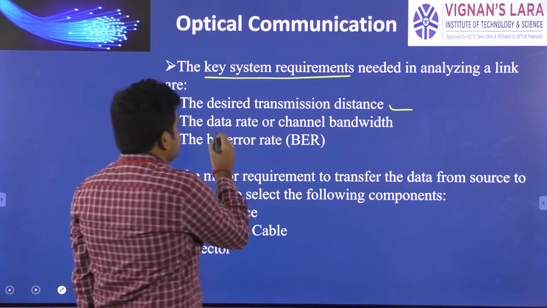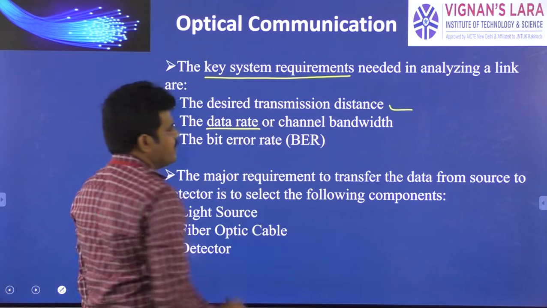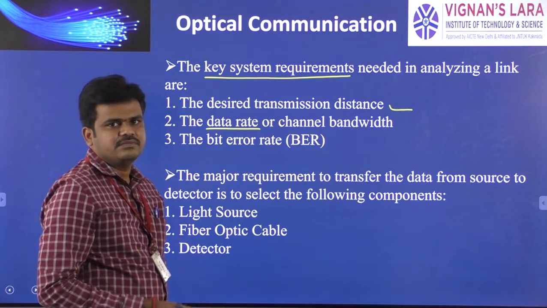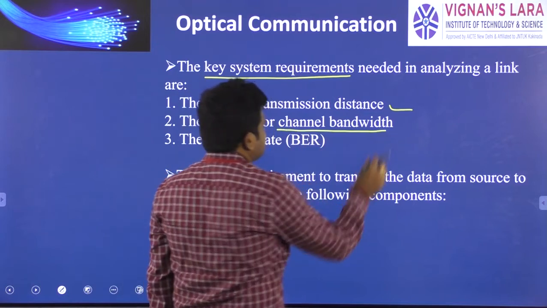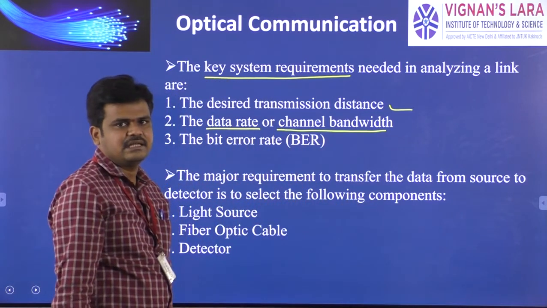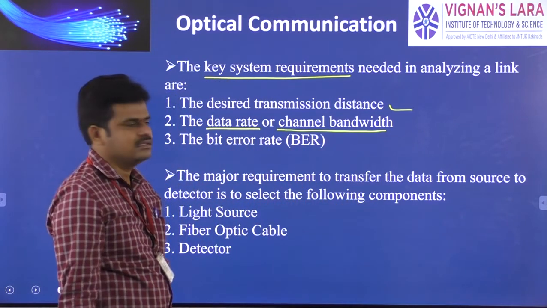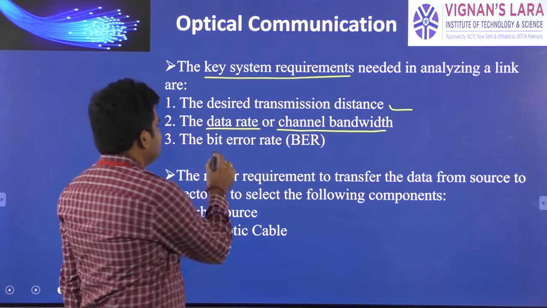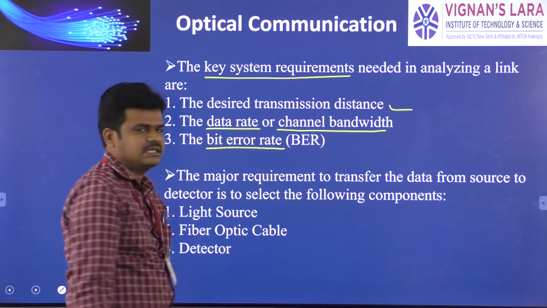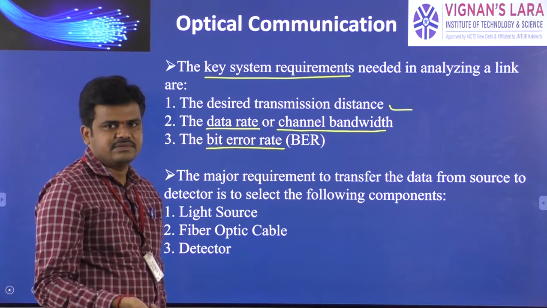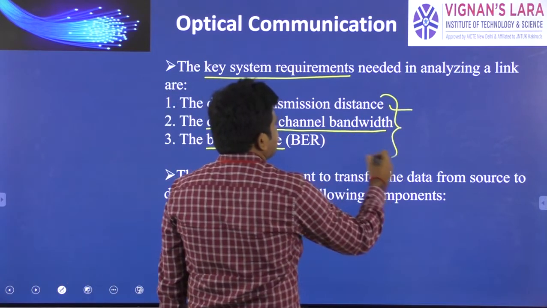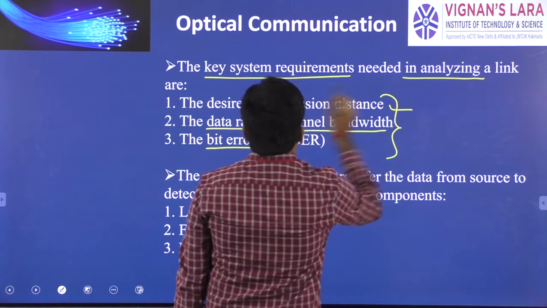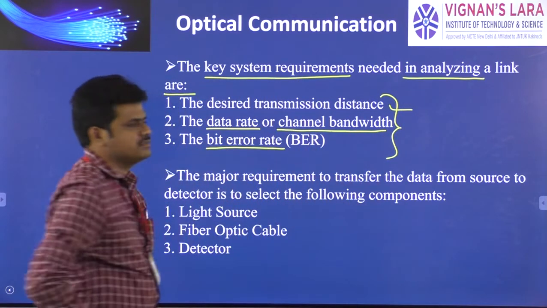The second one is the amount of data rate, or the channel bandwidth we are offering. The third one is the bit error rate, generally calculated at the receiver. All these parameters we need to consider while analyzing or establishing a link.